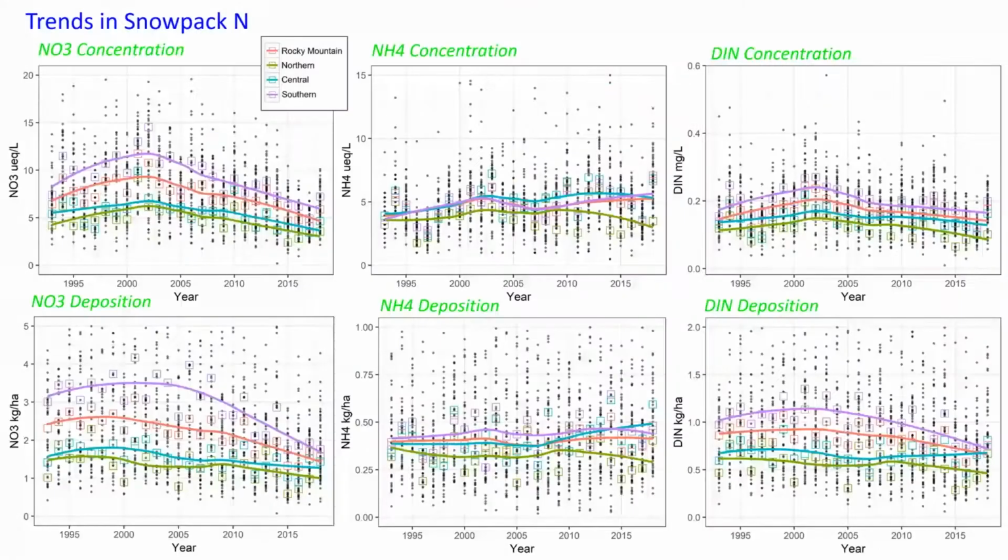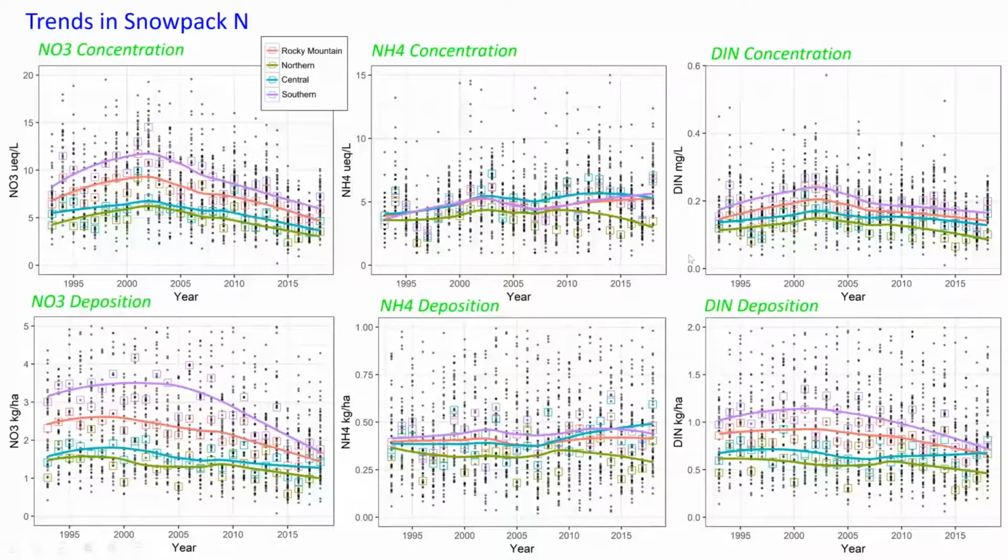And then these plots highlight the temporal variability that we've been seeing in nitrogen deposition. These are all our data through time, and the trend lines represent different regions. The pinkish red is the entire Rocky Mountain area. The green is the northern Rockies, the blue is the central Rockies, and the purple is the southern Rockies. We have nitrate on the left, ammonium in the middle, and then dissolved inorganic nitrogen, essentially these two combined, on the right.